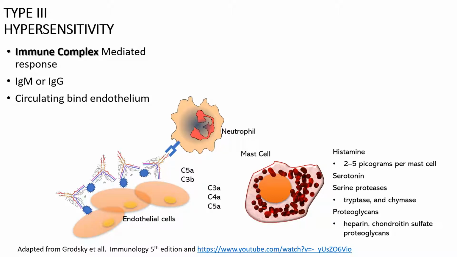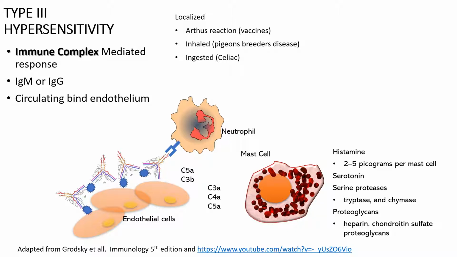And it produces necrosis. Locally, we have the Arthus reaction, for instance, with the smallpox vaccine. The pigeon breeder's disease, which will happen in the lungs, that's where you would have the necrosis, celiac disease in the gut, or insect venoms, basically could happen on the skin.